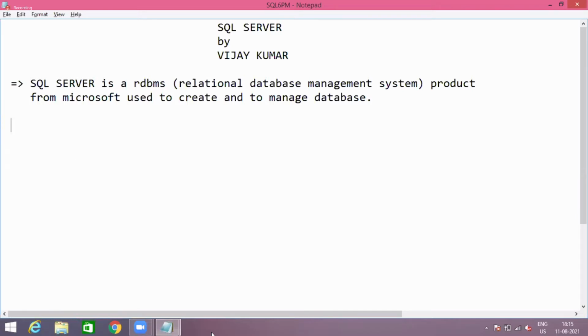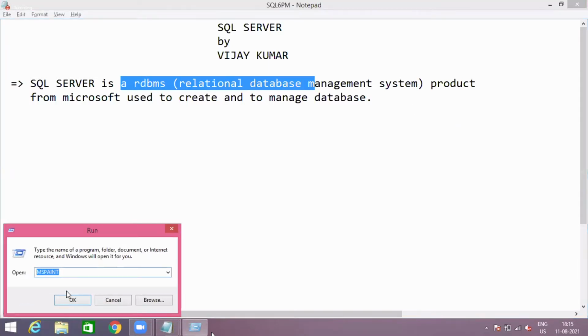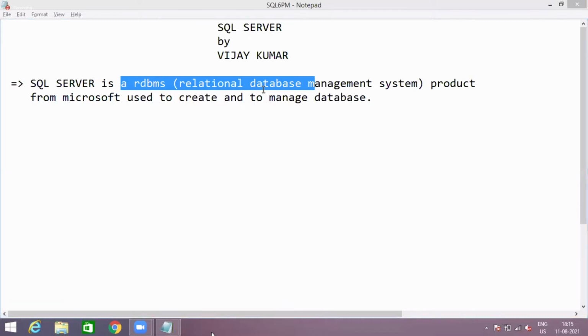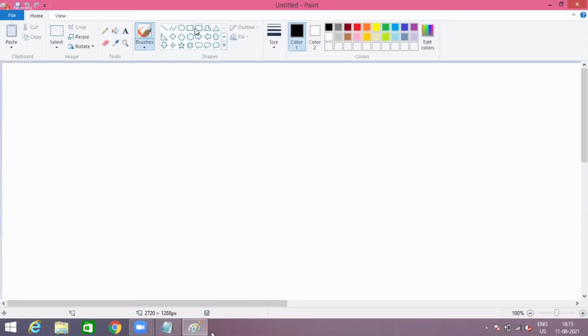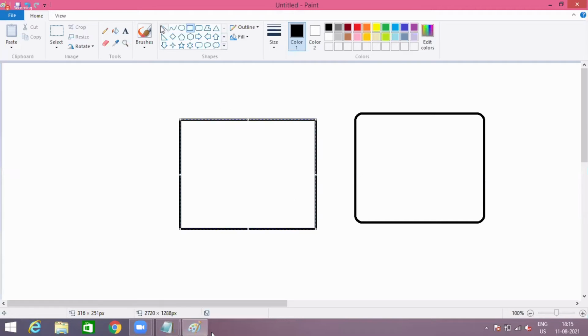According to RDBMS, it is a simple thing. Suppose this is the database, and I'm using an RDBMS.